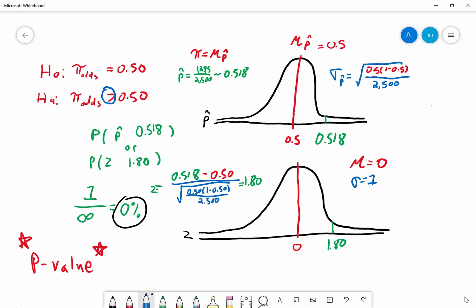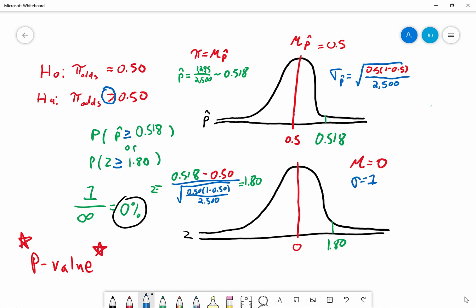What we're going to do is look at the likelihood of getting a sample proportion of greater than or equal to 0.518, a z-score of greater than or equal to 1.80. The more extreme values for our hypothesis test are determined by your HA claim.